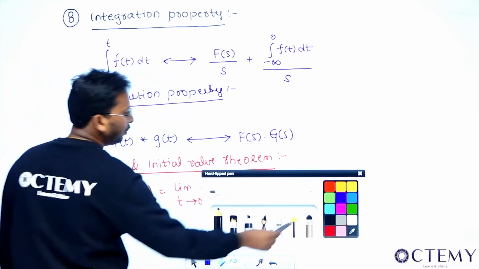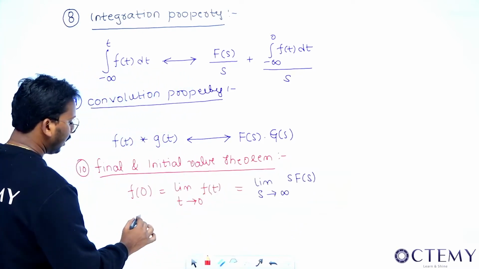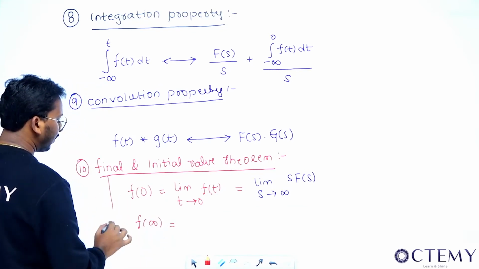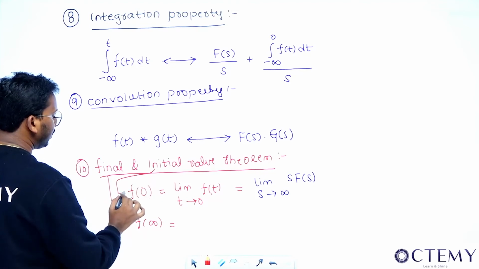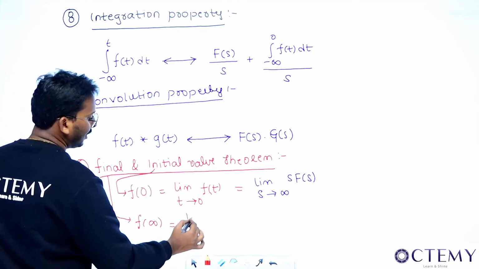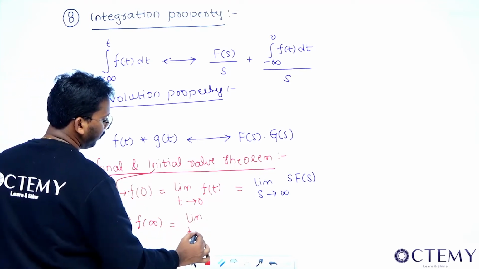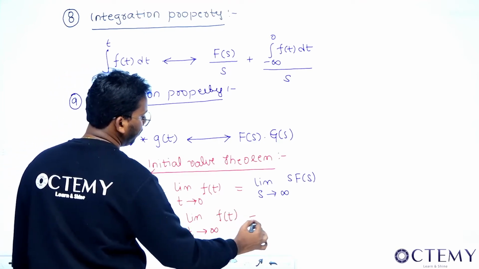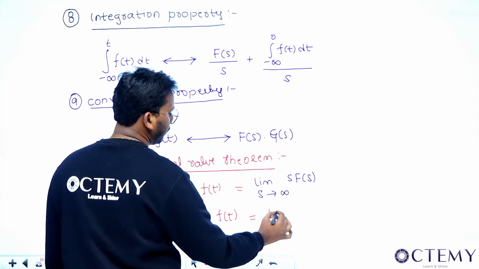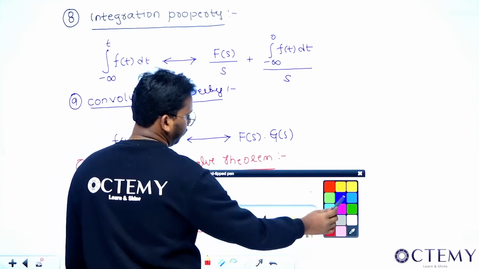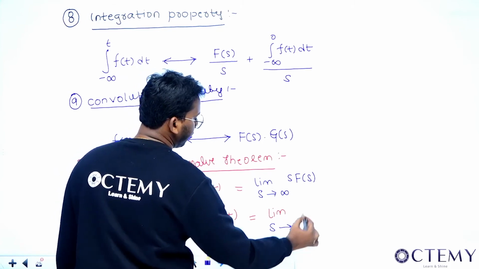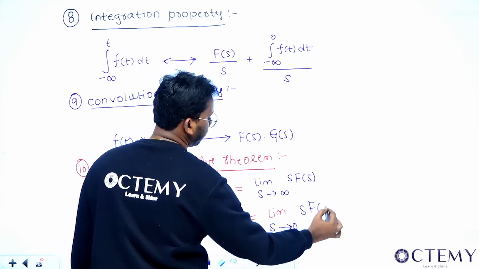Similarly, when you want to find f infinity in time domain, that is the final value, and this is the initial value, that is basically limit t tends to infinity f of t, this should be equal to limit s tends to 0 of s into F of s, right?